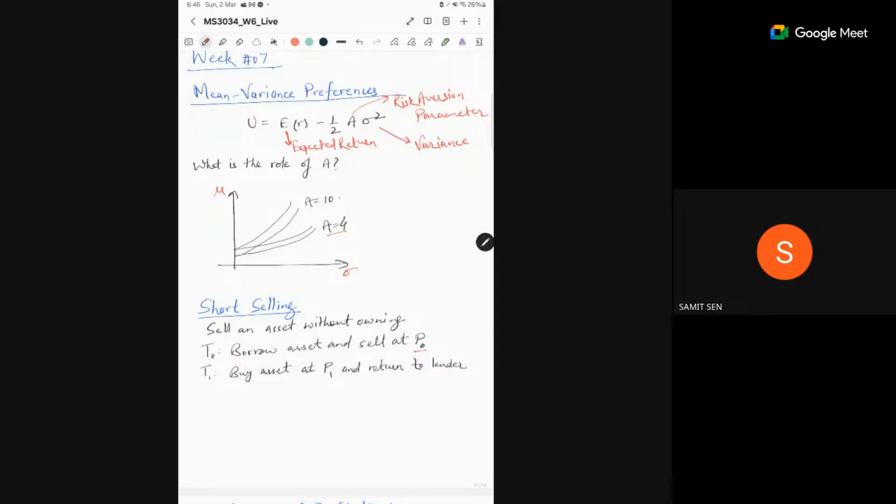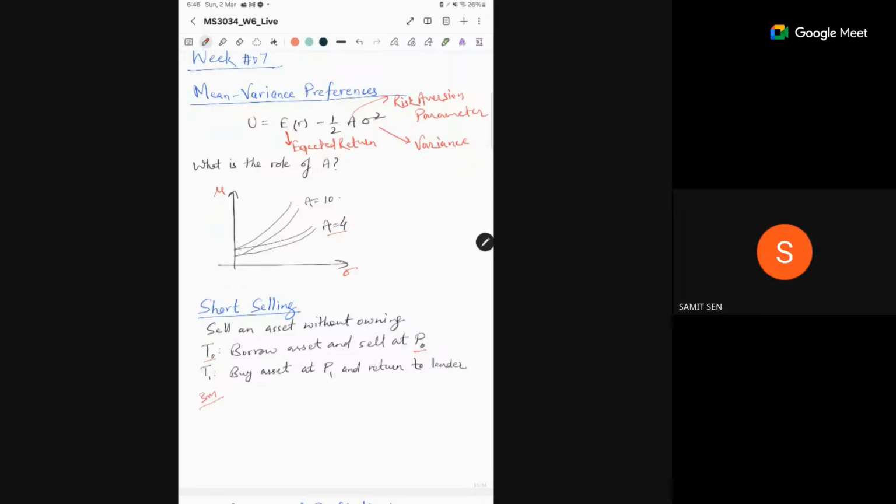Later, for example after 3 months, you go to the market, purchase 100 Tata Steel shares and return them to the lender.